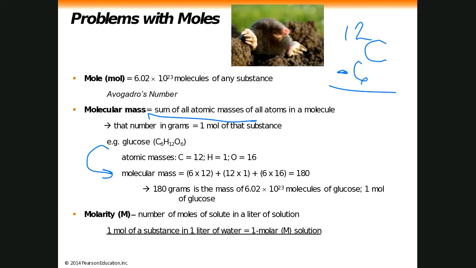Where did the 180 come from? I summed up the molecular mass. So 180 grams of glucose has Avogadro's number of molecules, that big number, and that is, by definition, 1 mole of glucose. Everybody good with me? Didn't lose anybody?